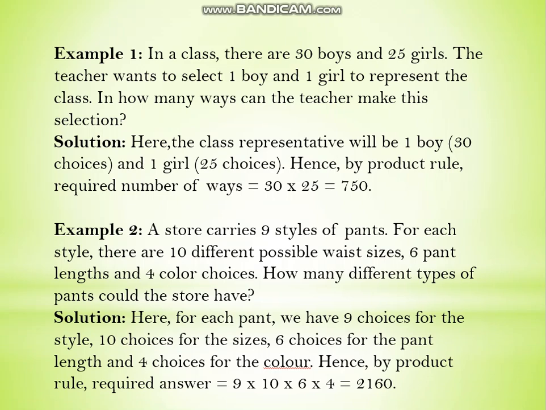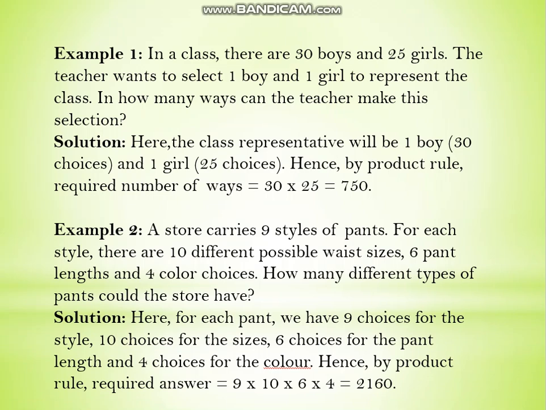So this is the product rule: 9 into 10 into 6 into 4, that is 2160 types of pants the store could have.